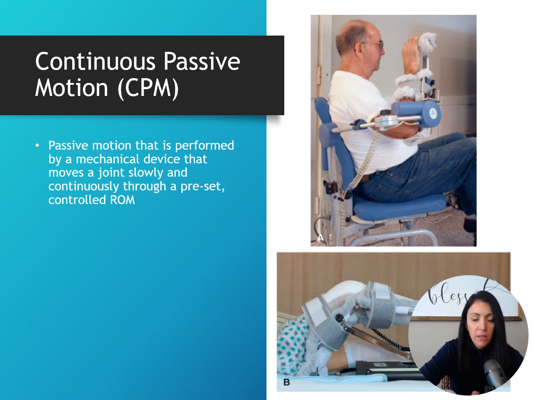Here are some pictures of the CPM, continuous passive motion. That's considered a mechanical device that moves the joint slowly and continuously through a preset or controlled range of motion. You as the PTA would be responsible for setting up the CPM correctly and following the MD orders on how to progress.